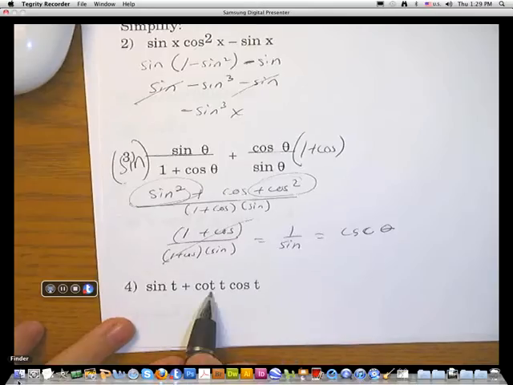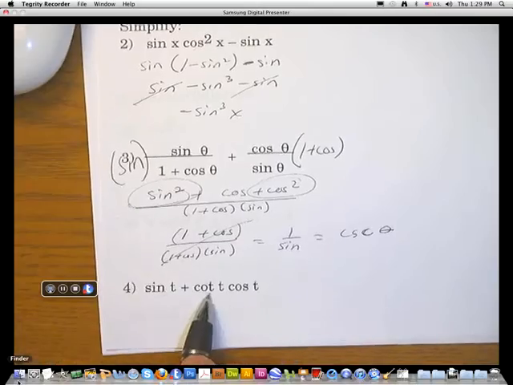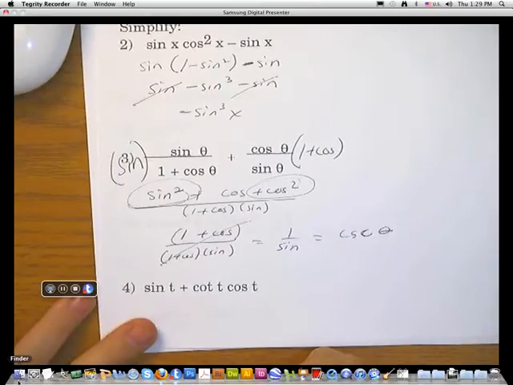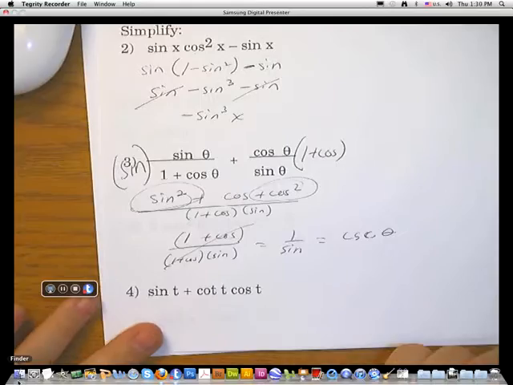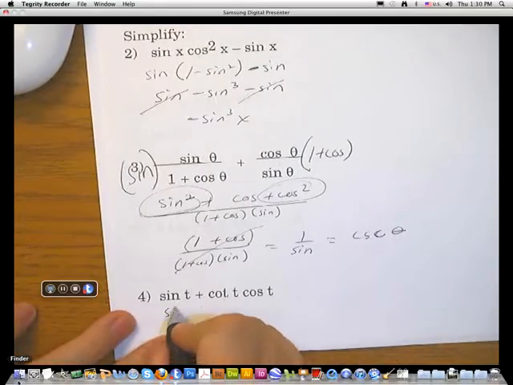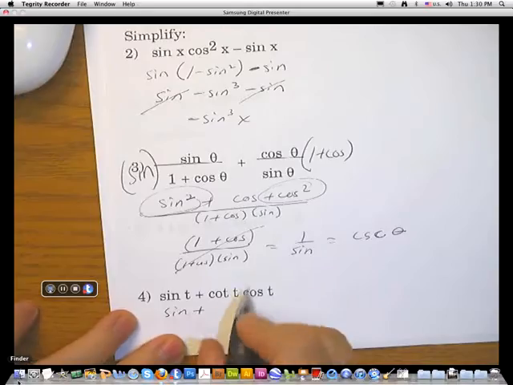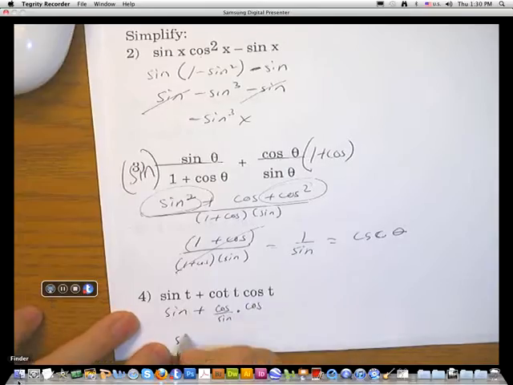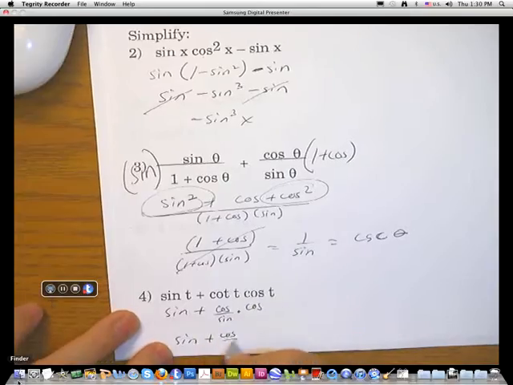Alright, sine t plus cotangent t times cosine of t. The best bet is to get everything in sines and cosines. So in this case, I have sine plus cotangent, which is cosine over sine. So that means sine plus cosine over sine.